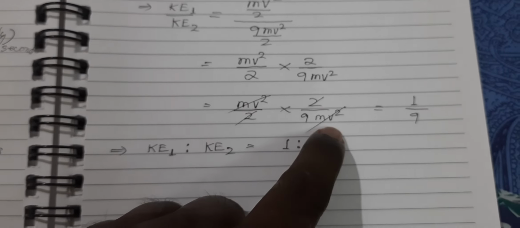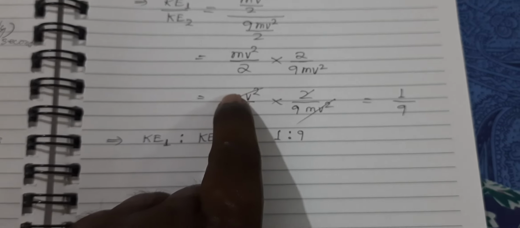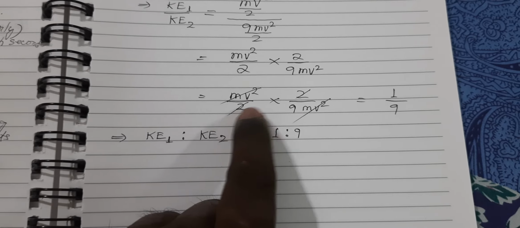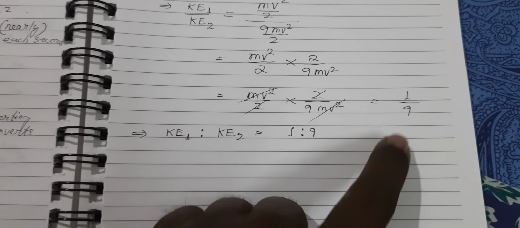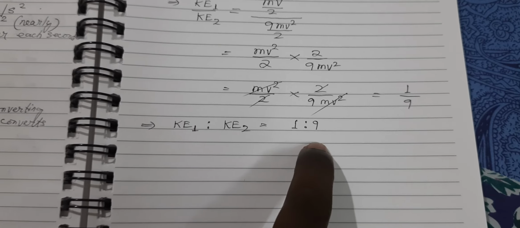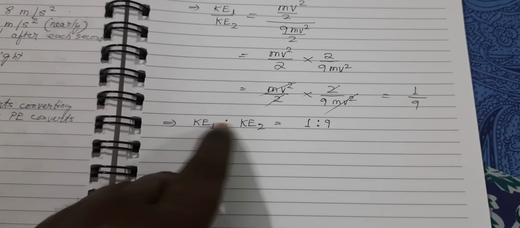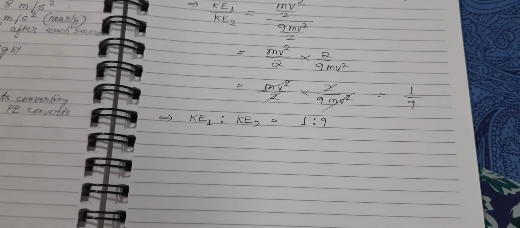Also mv square from numerator and denominator will cancel each other out. So in the numerator, after cancellation only 1 remains. In the denominator, after cancellation 9 remains. So 1 by 9 can be converted into ratio form. Kinetic energy 1 divided by kinetic energy 2 can be written in ratio form also. So this is our ratio, 1:9.